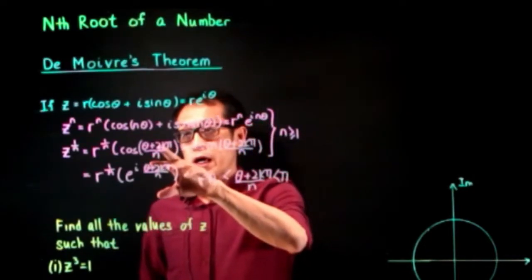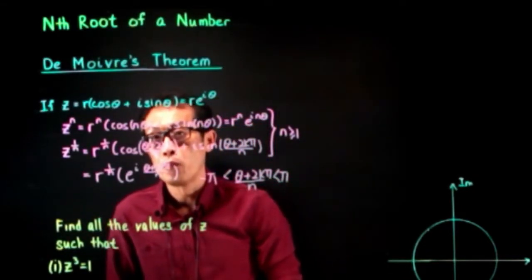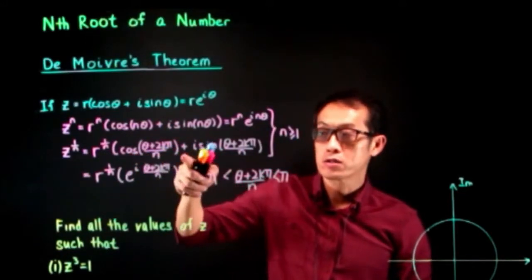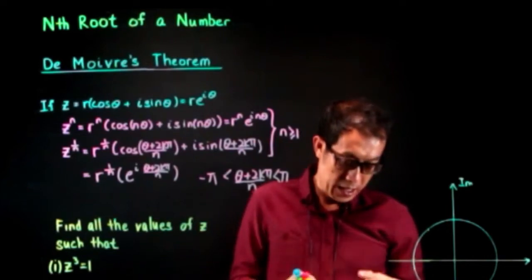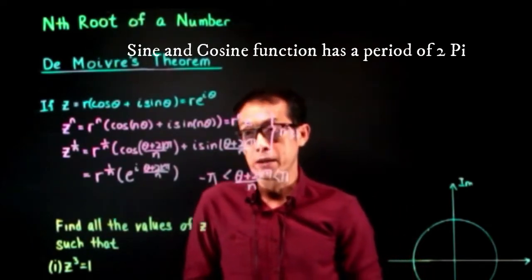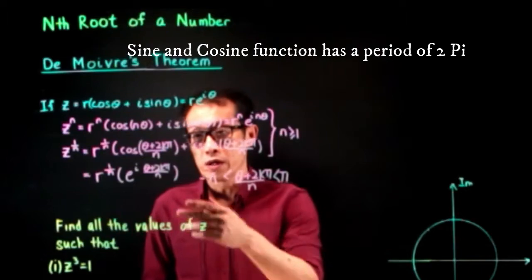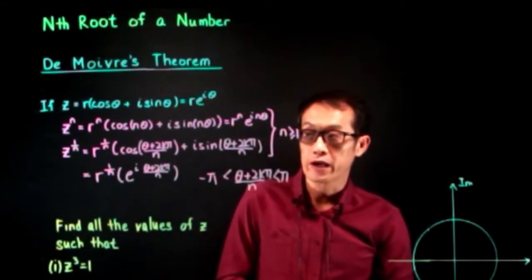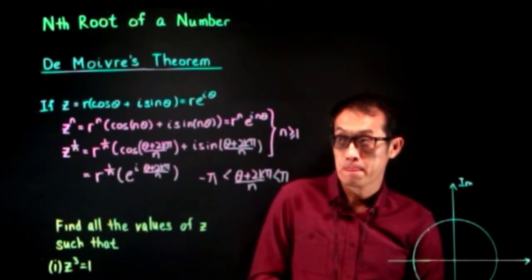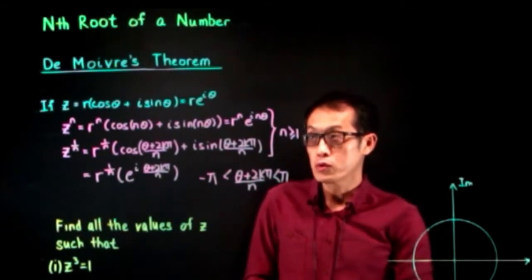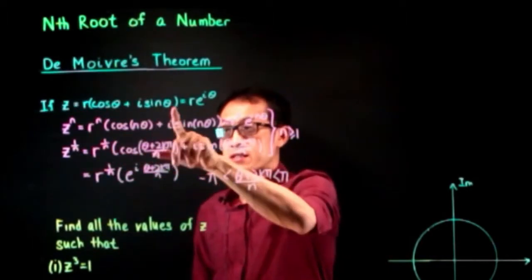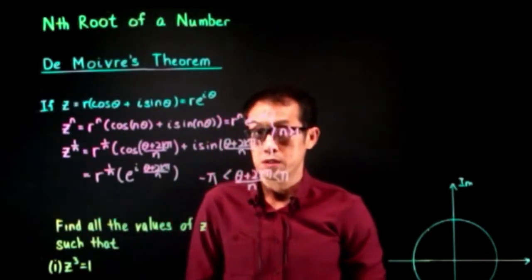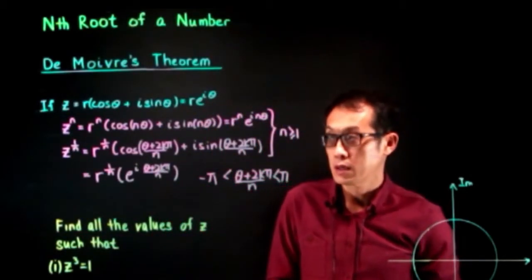Now, why is there a 2k pi here? Because sine and cos have a period of 2 pi, so if you have to divide, you must add 2k pi before you divide by n. You will notice that if z is this, then z to the power n will only have one solution if n is greater than 1.